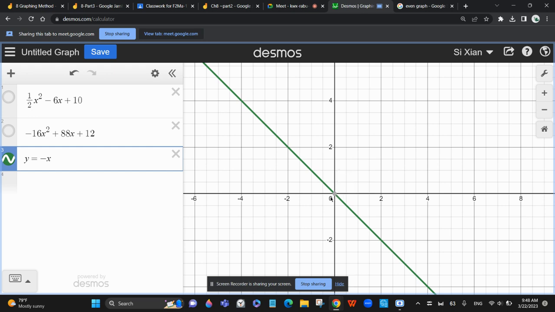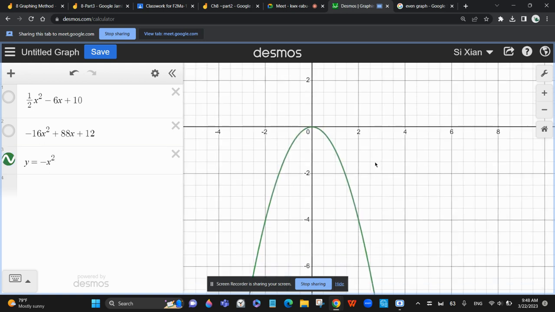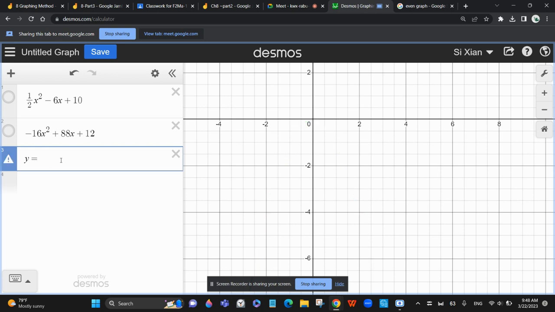Because an even function is when this one becomes like x squared. So it is like symmetry through the y-axis. Actually, not all linear functions are odd.